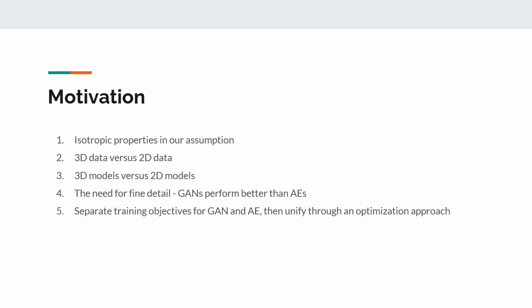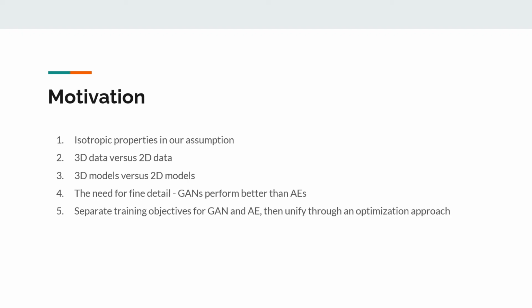From a 3D CT scan, we can then produce much more 2D training data compared to 3D data by considering all these other perspectives. This leads to our second and third motivation, the advantage of 2D to 3D in terms of the data and the model.